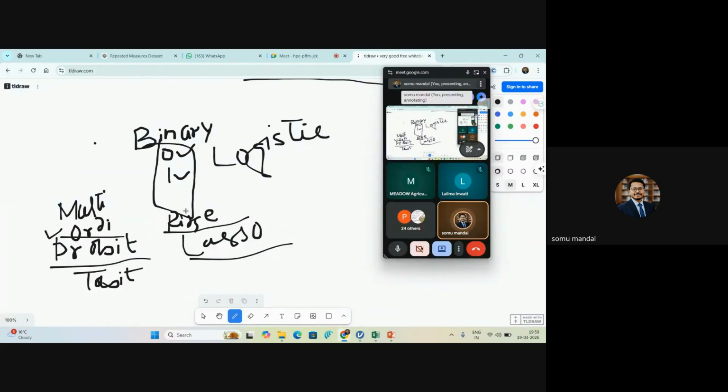Multiple linear regression, in our example, is for a continuous data set. But in case of binary, logistic regression: 1, 0, 1, 0, 1, 0. Multiple nominal data sets are there. You maybe consider geographical area: South India, North India, East India, West India. There is a production.